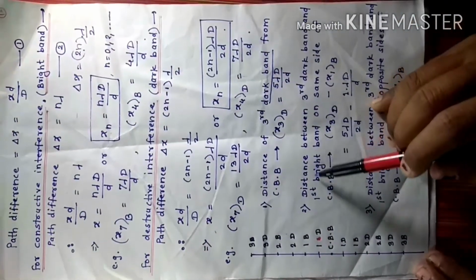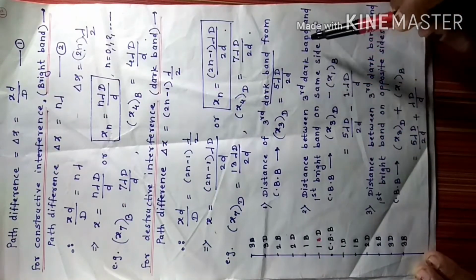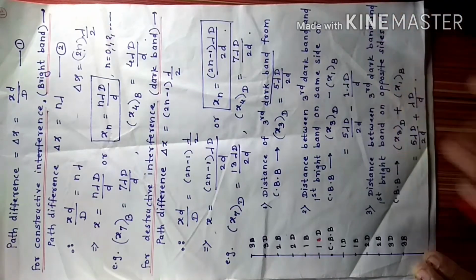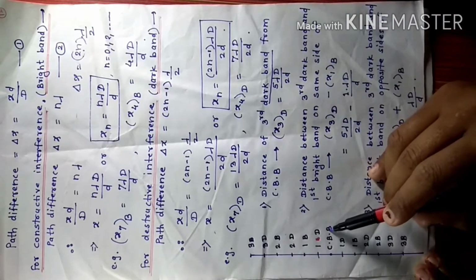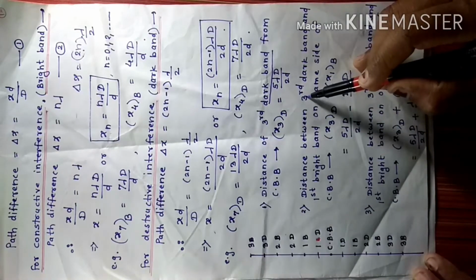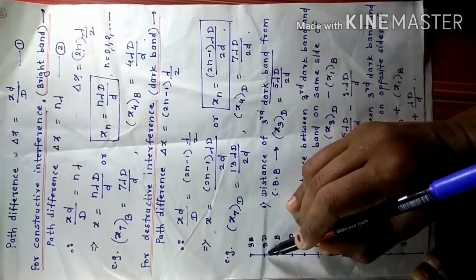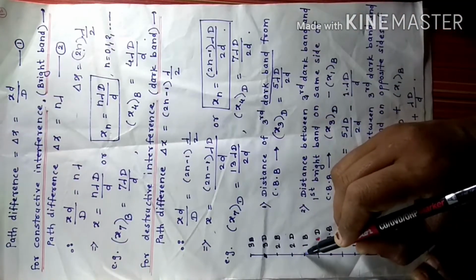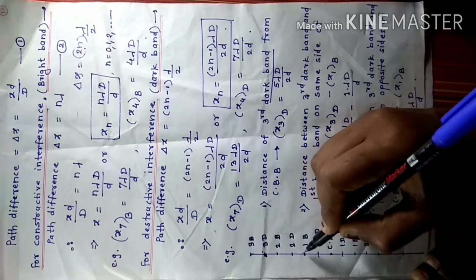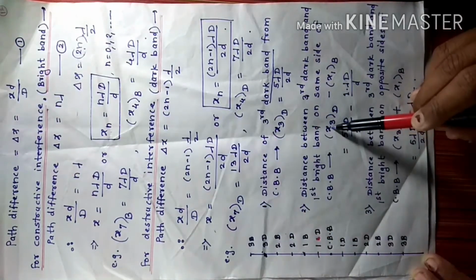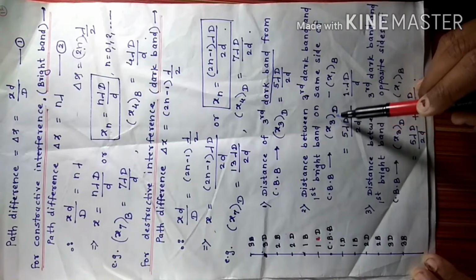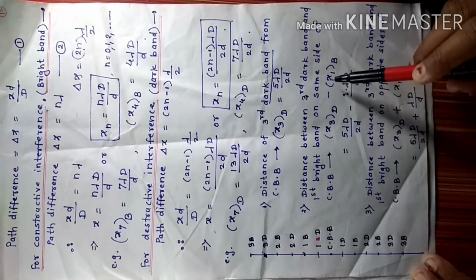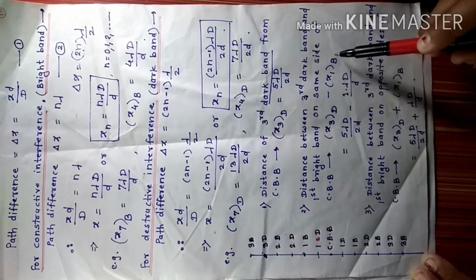The second one: the distance between the third dark band and the first bright band on the same side of the CBB. Here there is a CBB, and they are asking about the third dark band and the first bright band; this distance is asked. So we can write x3d, the distance of the third dark band, minus the distance of the first bright band.